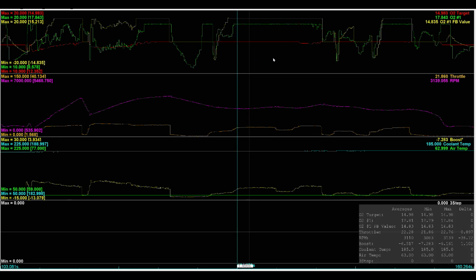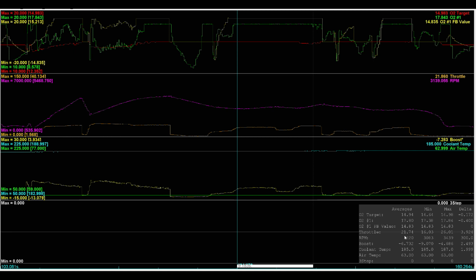I'm just going to look at this whole section right here, and we can see that our O2 target is about 15. That matches directly what we want to do in the fuel map, but we're about 2 to 3 points higher on average, running about 17.8, because even the minimum was 17.38, 17.84, so just really, really lean. O2 feedback is pretty much steady at 14.83.